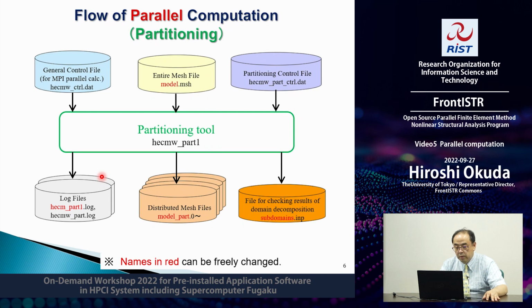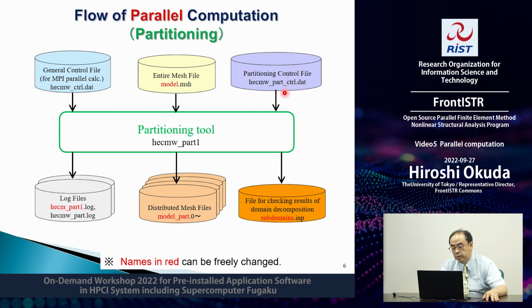So the first step of the parallel computation is partitioning. When you are going to run the partitioner, you need to have three input files. The first one is the general control file, hecmw_ctrl.dat, and a mesh file .msh, and the third one is different.